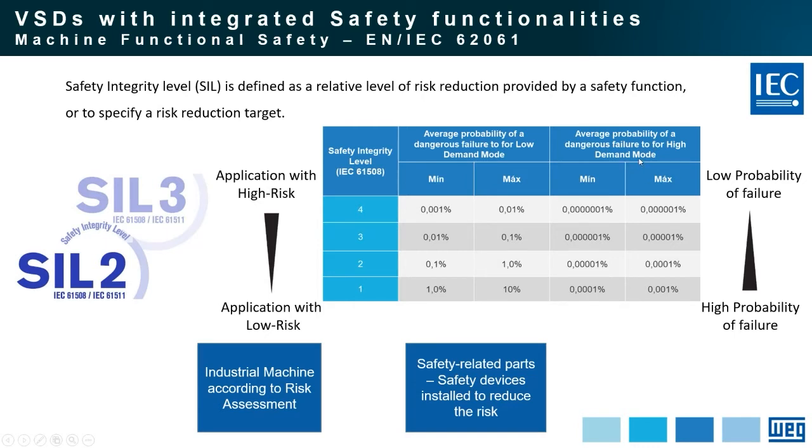The high demand mode is for applications that have the possibility of failure several times per year. And we can classify as low demand mode such kinds of machines that will have a risk or an unsafe situation less than once a year. So in an industrial environment, we can say that most of the applications must comply with the second table, with very low probability of failure.